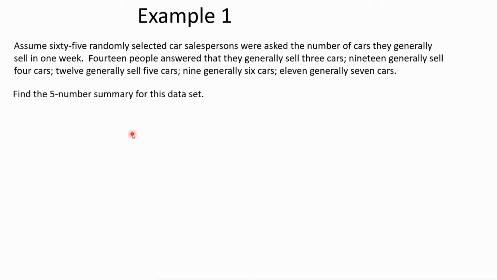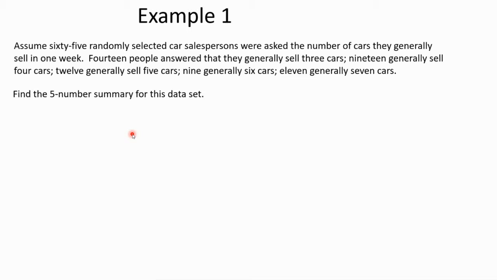Now 14 of them answered that they generally sell three. 19 generally sell 4 cars. 12 generally sell 5. 9 generally sell 6. And 11 generally sell 7 cars. We want to find a 5-number summary for this data set.